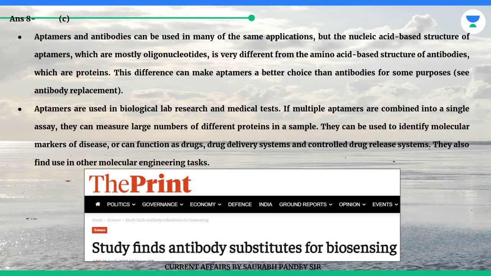Aptamers are used in biological lab research and medical tests. If multiple aptamers are combined into a single assay, they can measure large numbers of different proteins in a sample. They can be used to identify molecular markers of disease or can function as drugs, drug delivery systems, and controlled drug release systems. They also find use in other molecular engineering tasks.